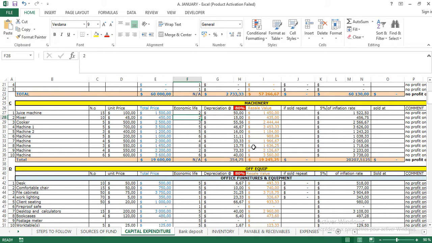Depreciation is not an expense. It's a loss of value, a waste of money. I can call it like that.